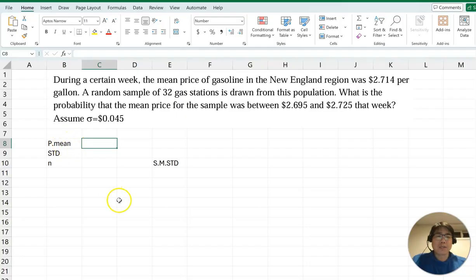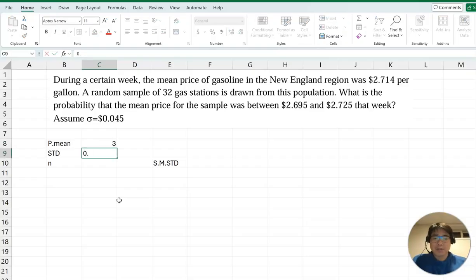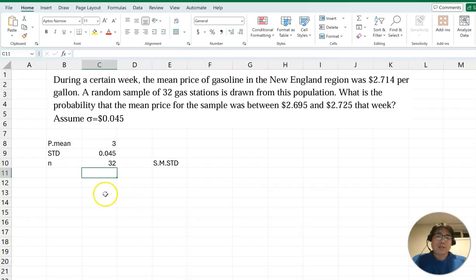So the population mean is 2.714, the standard deviation is 0.045, and the sample size is 32. Since we have a sample size here, we keep doing the sampling mean distribution.